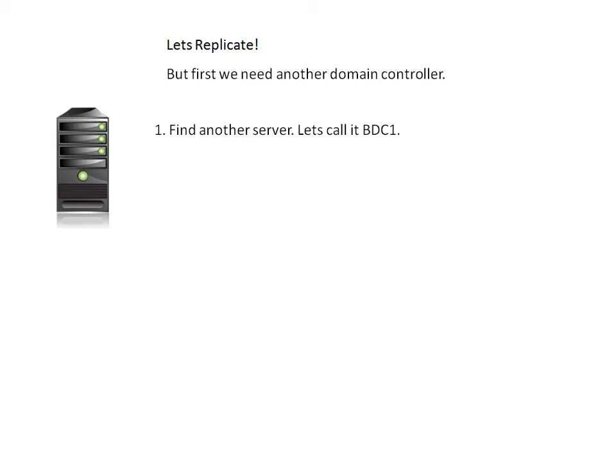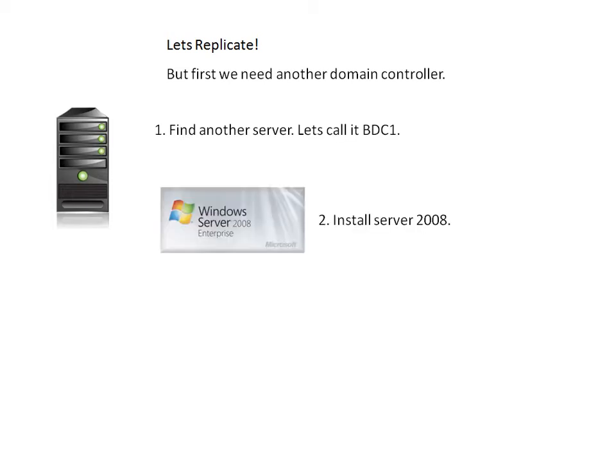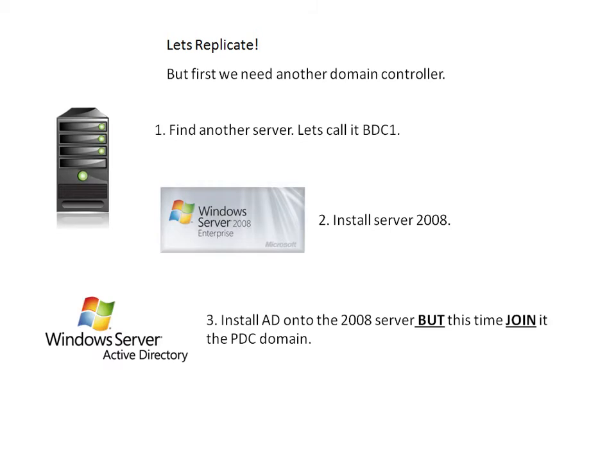So let's replicate. Well, we can't replicate because you need two servers to do that. So we'll find another server, let's call it BDC1, Backup Domain Controller 1. Same step, install 2008 on it, and this time we install Active Directory on the server.